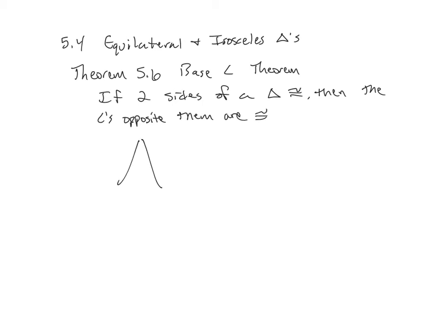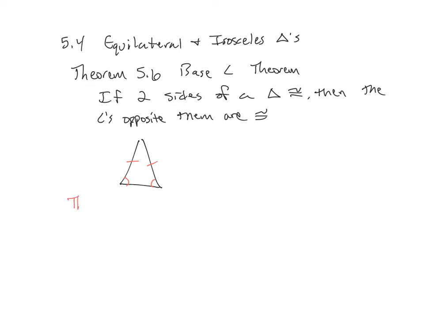So if I know that those two sides are congruent, then the angles opposite them are congruent. So let me get rid of that, makes it look a little bit confusing. Okay, it's a pretty useful piece of information actually.